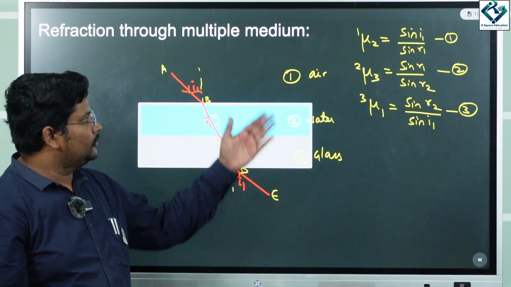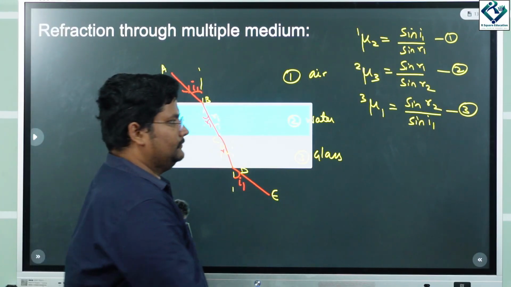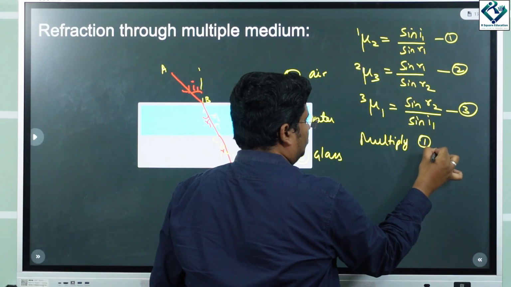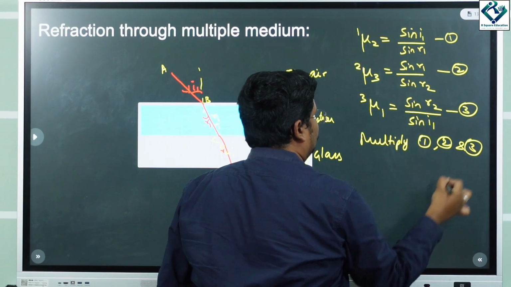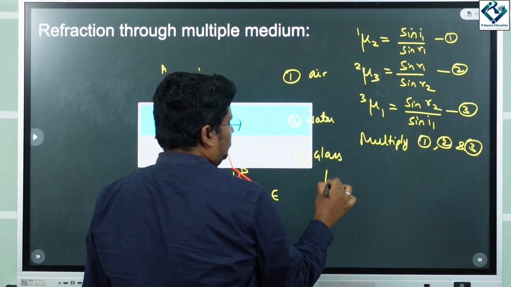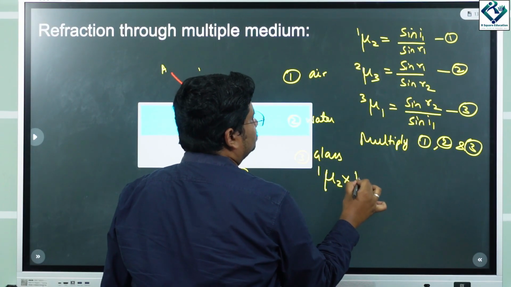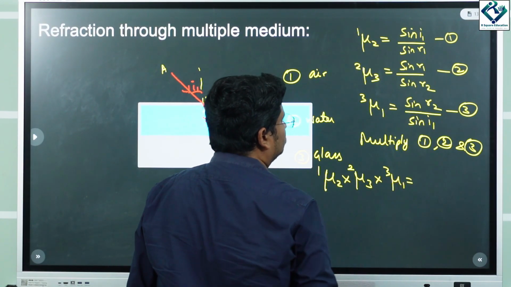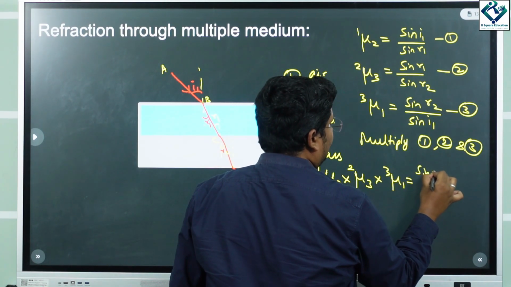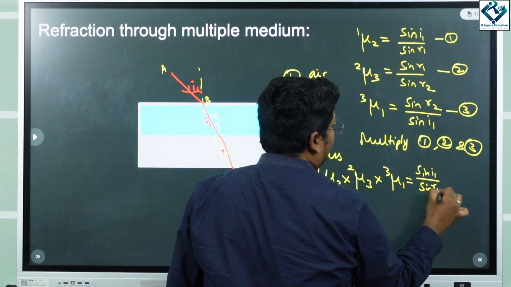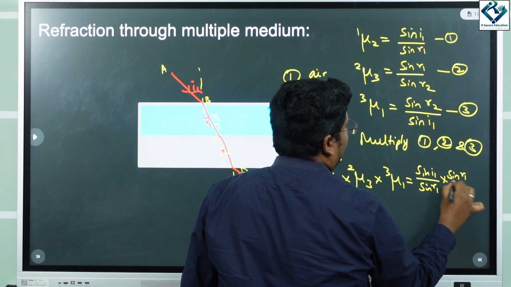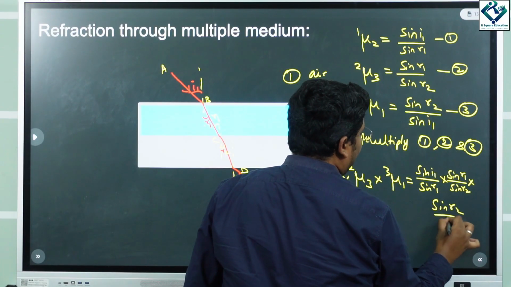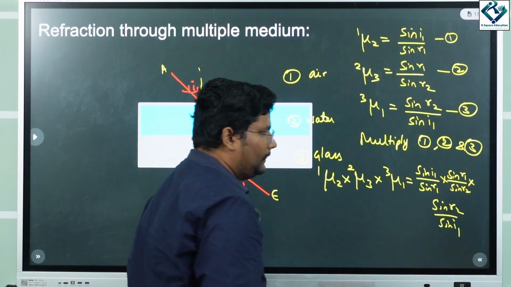Yes, you can multiply all these three equations now. So what you'll have now? Is equal to sin I1 by sin R1 into sin R1 by sin R2 into sin R2 by sin I1.